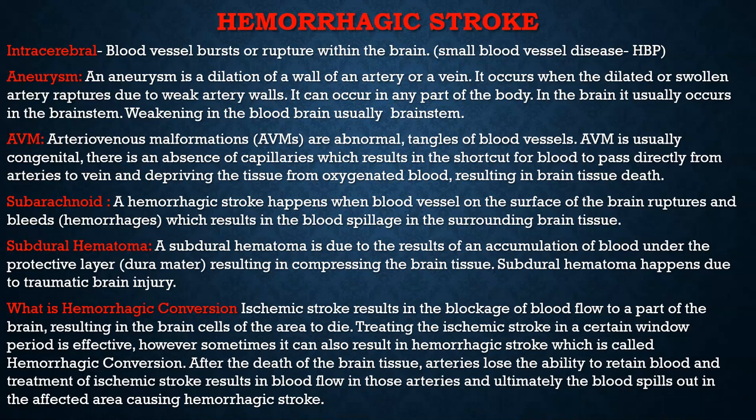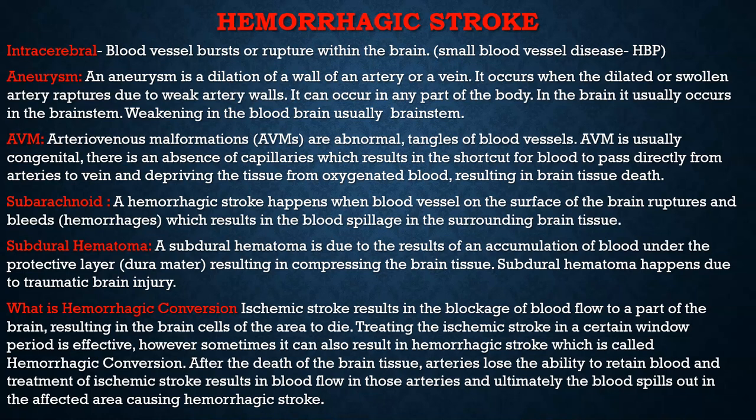Now, treating the ischemic stroke in a certain window period is effective. However, sometimes it can also result in hemorrhagic stroke or hemorrhagic conversion. So when the brain tissue is dead, and the surgeon or the physician provides treatment to open or remove the blood clot, the blood will flow inside those arteries, okay?